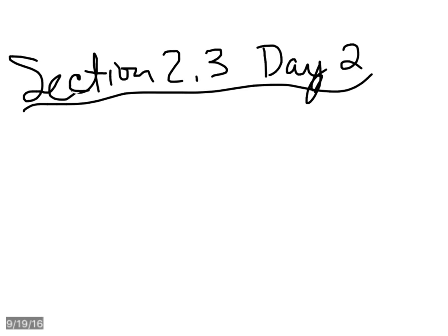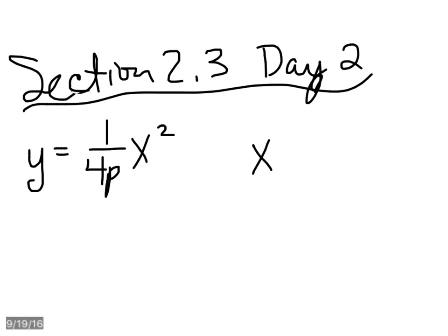The first thing that we're going to go through, this is the generic formula. If it opens left, right, up, or down, and it goes through the vertex of 0, 0. Okay? That's my generic equation. We had that on Friday also. And that's how we got those last few ones there.